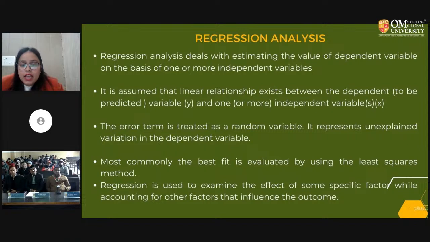Then we have an error term. The error term represents the unexplained variation in the dependent variable. It works on the least square method. Regression is used to examine the effect of some specific factor while taking into account the other factors that can influence that particular outcome or dependent variable.